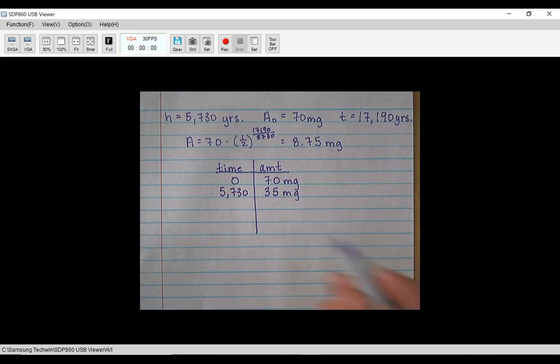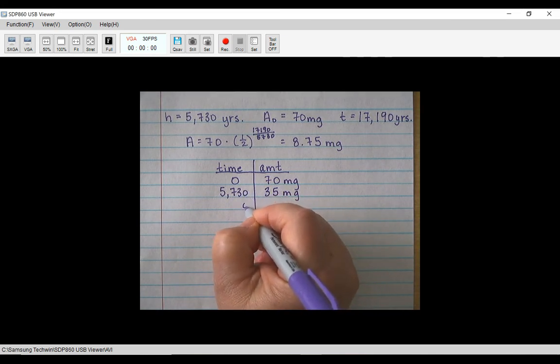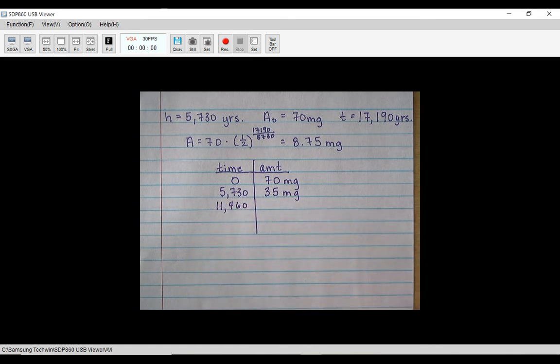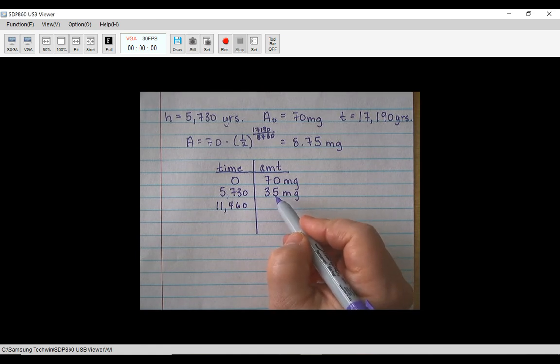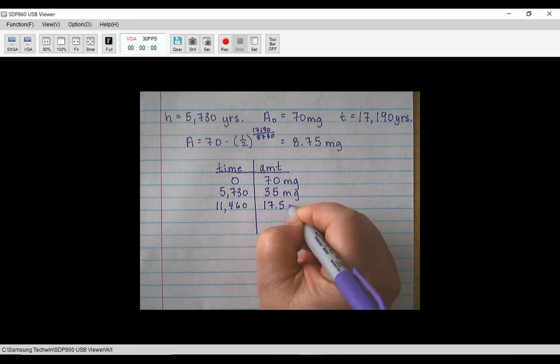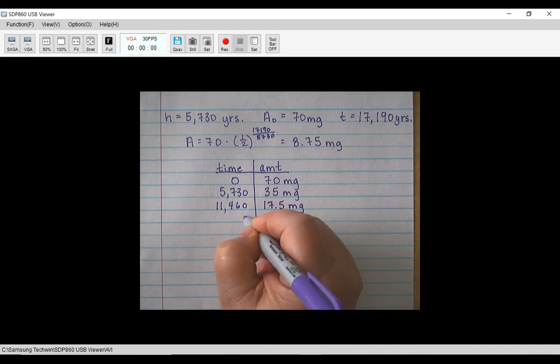Now let's go a second half-life. So add another 5,730. Now you're at 11,460 years, and you're going to half this again, which would be 17.5 milligrams. Let's add another 5,730.